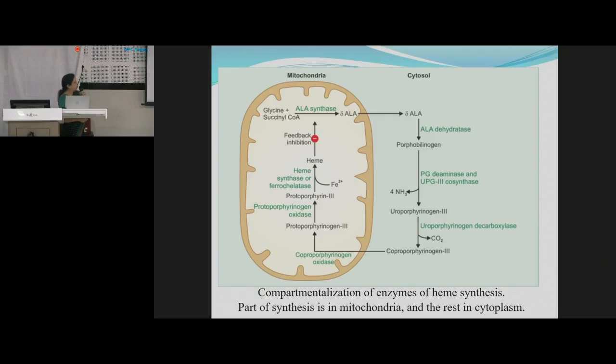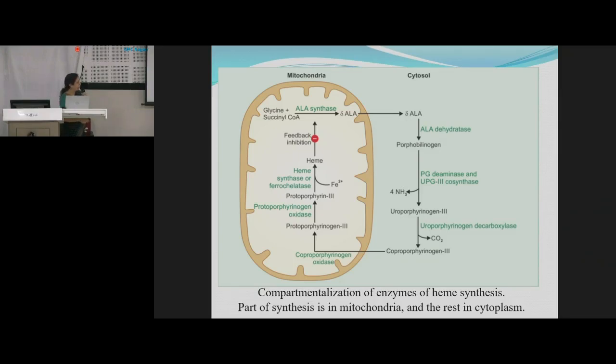So it forms uroporphyrinogen. Now this uroporphyrinogen gets converted to coproporphyrinogen by the enzyme uroporphyrinogen decarboxylase. So there is removal of carbon dioxide and the uroporphyrinogen gets converted into coproporphyrinogen. Now these steps were taking place in the cytosol.